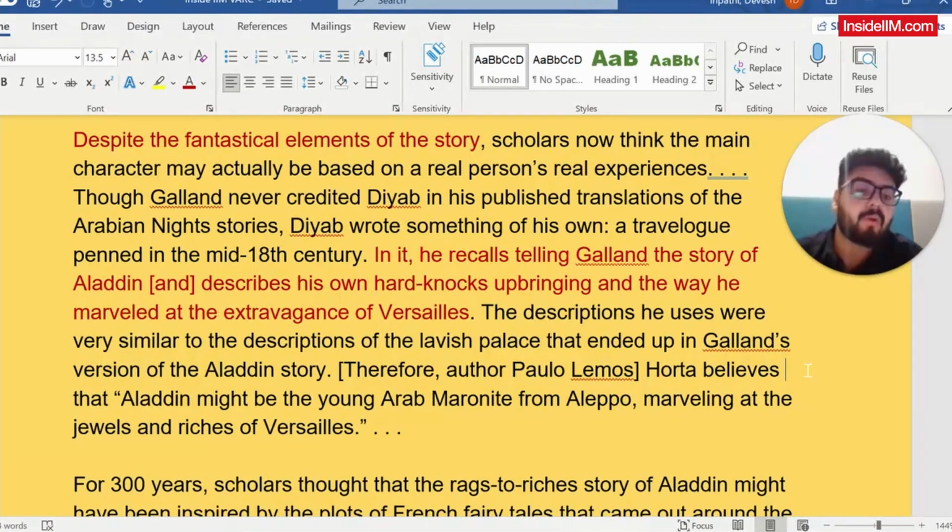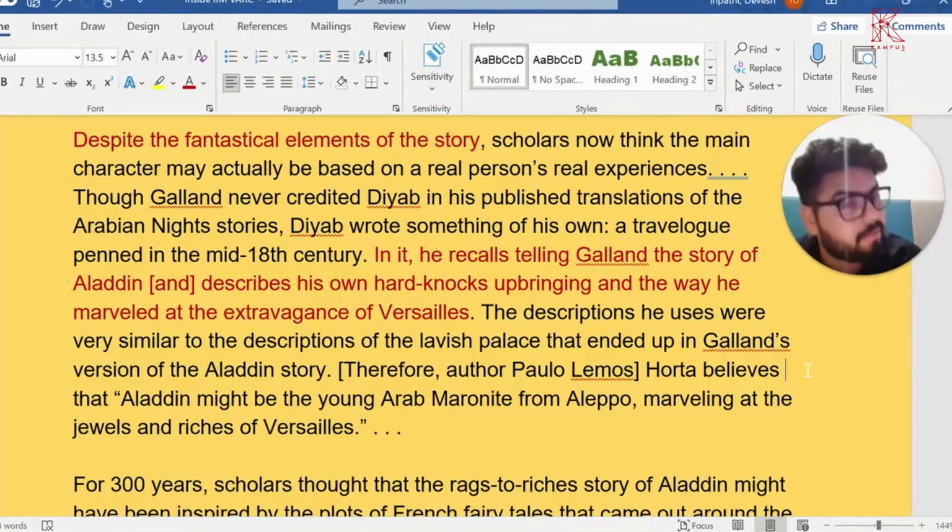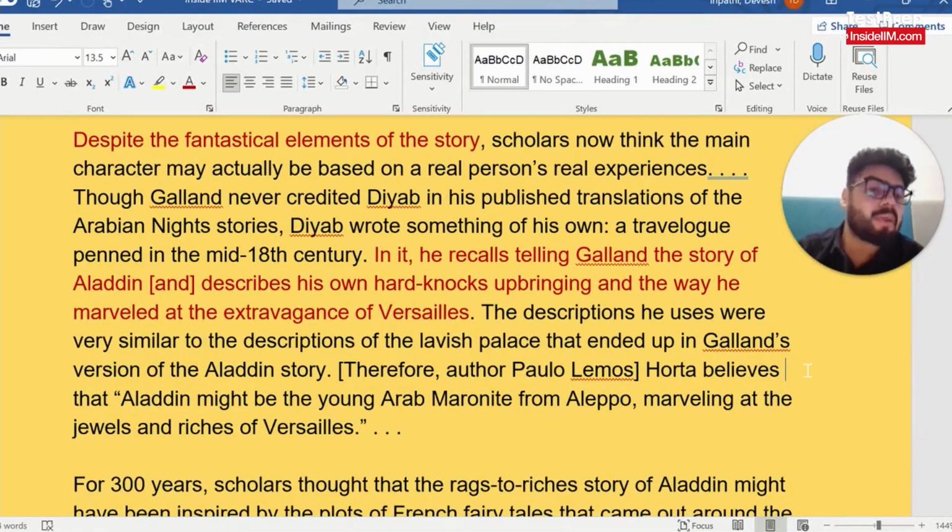Therefore, author Paulo Lemos Horta believes that Aladdin might be the young Arab Maronite from Aleppo marveling at the jewels and riches of Versailles. This is the reason why our man Horta believes so.